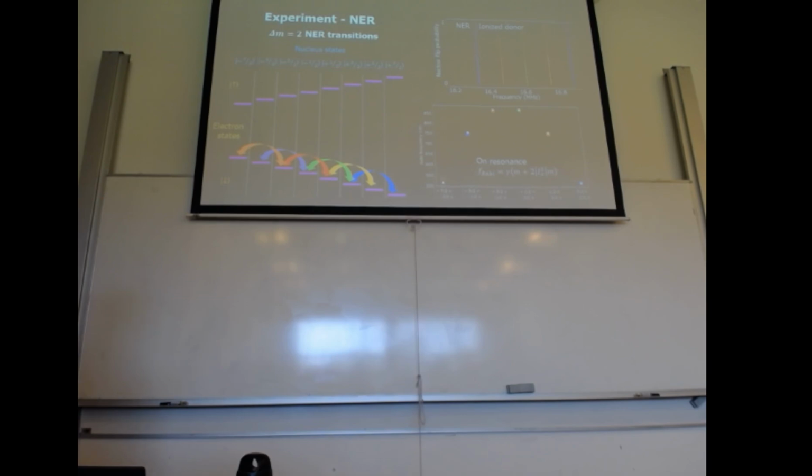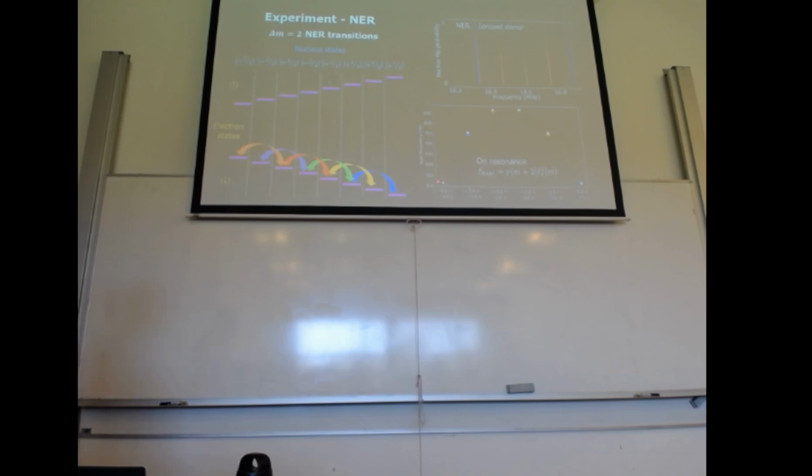Now, a natural extension, of course, is that if you have these quadratic operators in your nuclear quadrupole Hamiltonian, you will also get terms when you drive that are of the form Ix or Iy squared. And those couple spin quantum numbers that differ by a value of 2. So you basically drive those transitions. Indeed, we could observe these, and within the imperfections of our experiment, this is a perfect match.